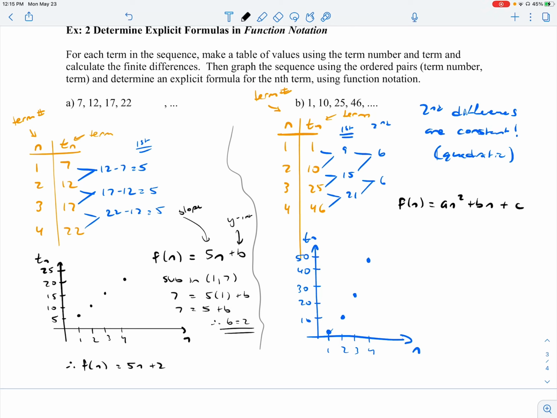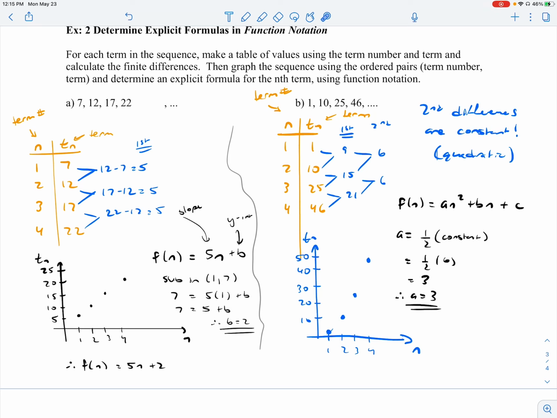So a is always equal to half of the constant number. For us, it's going to be 6, so half of that is 3. Okay, this is a rule. I'm not going to spend too much time explaining why. You can just accept it.